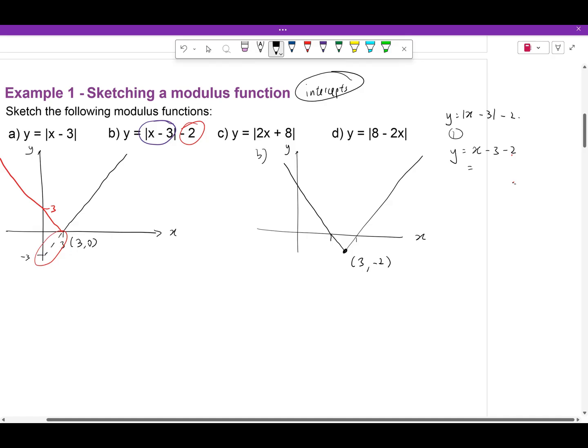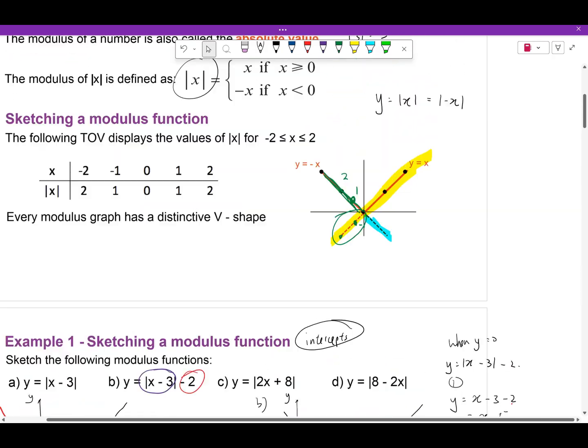Also when y equals 0, because this is what we want to solve, what is the x value? We've got 0 equals x minus 5, so x equals 5. Here we go. Wait a second, there are two intercepts. So how am I supposed to solve it?